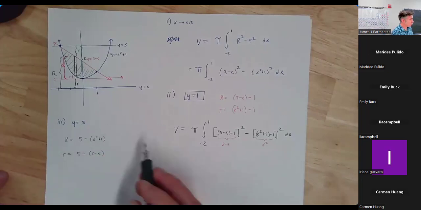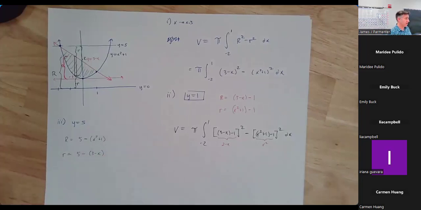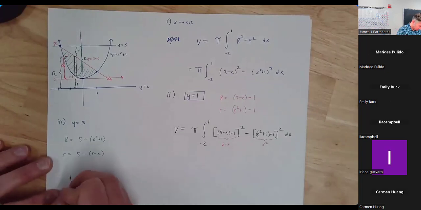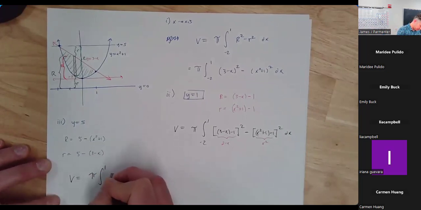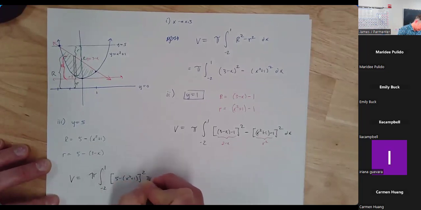This is especially why drawing the regions is important if you have these other axes of rotation. So you can really just look and see which function is the closer one, which function is the further away one. And it really does depend on where the axis of rotation is. So then for this one, the volume is going to be, once again, pi times the integral from -2 to 1 of your larger radius squared minus your smaller radius squared.